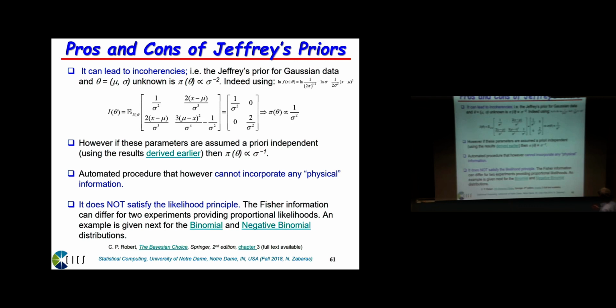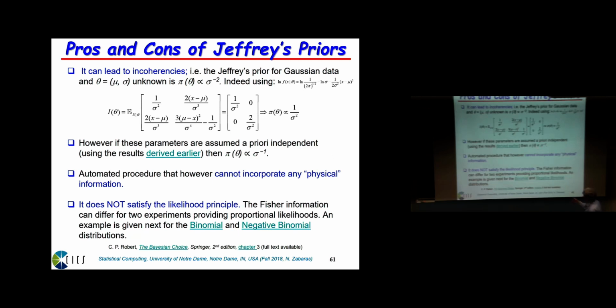And I give you another example here, where I compute the non-informative Jeffreys prior simultaneously for the mean and the standard deviation. If you treat those two variables as independent of each other, it comes out that the prior for theta is the prior for mu, which is uniform, and the prior for sigma that we saw before, 1/sigma.